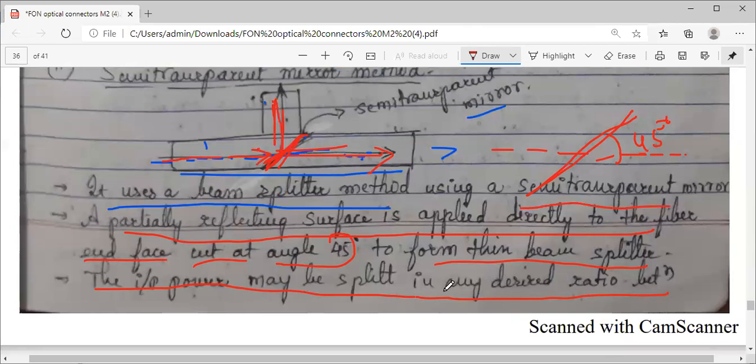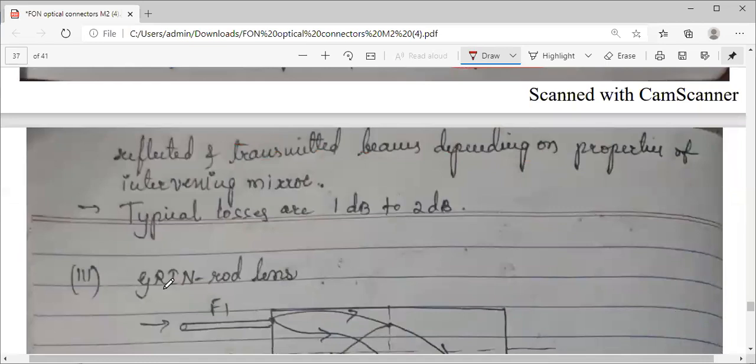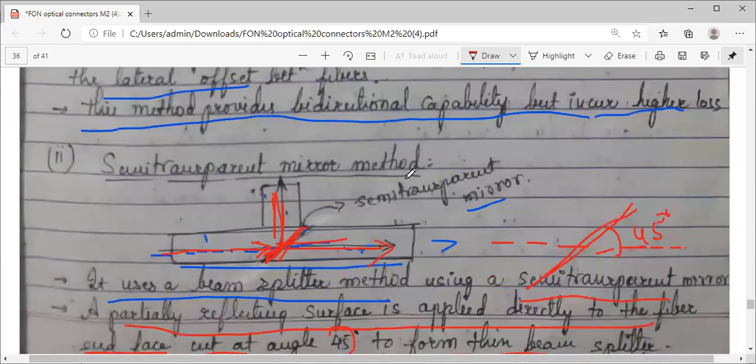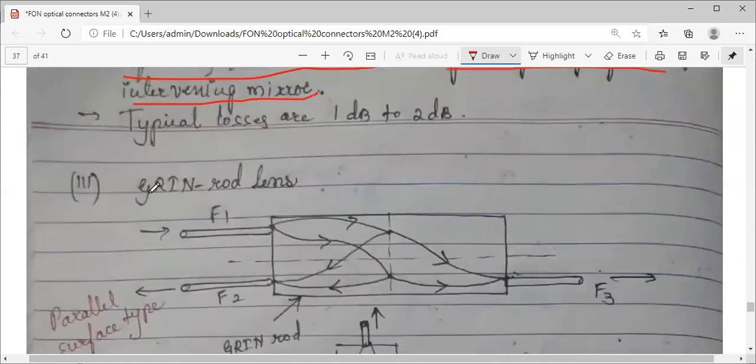You can get any desired value between the reflected and the transmitted beams, depending upon the properties of the intervening mirror. What I have shown you is a semi-transparent mirror. Depending upon what kind of mirror you are using, how transparent it is, and its capability, any desired value of the signal can be reflected and transmitted.